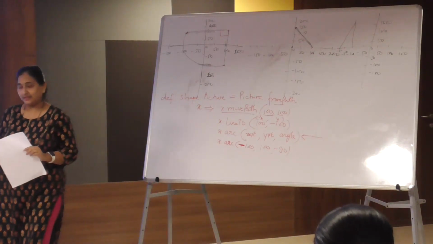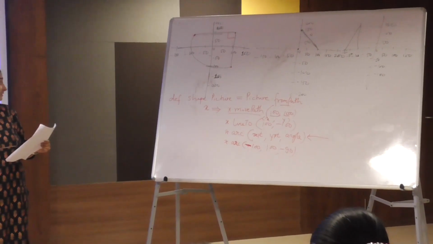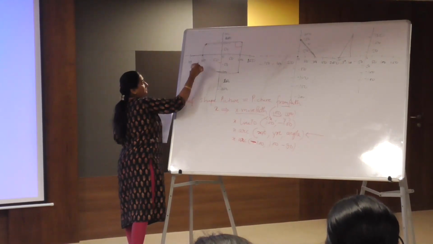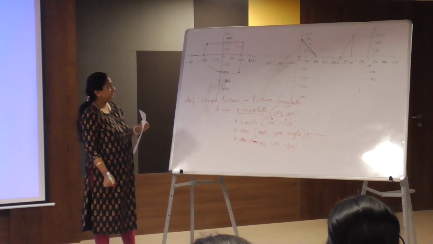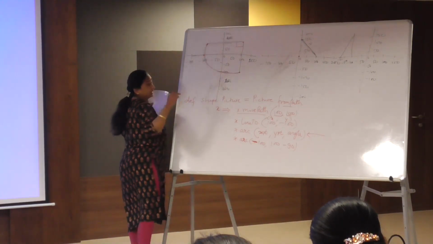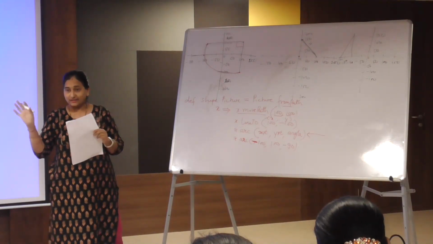Correct? Minus 100, minus 100. The bounding arc that you are drawing has x, it has 1.